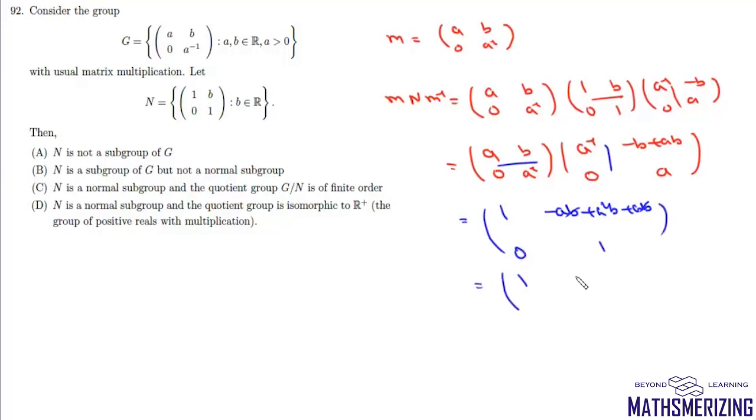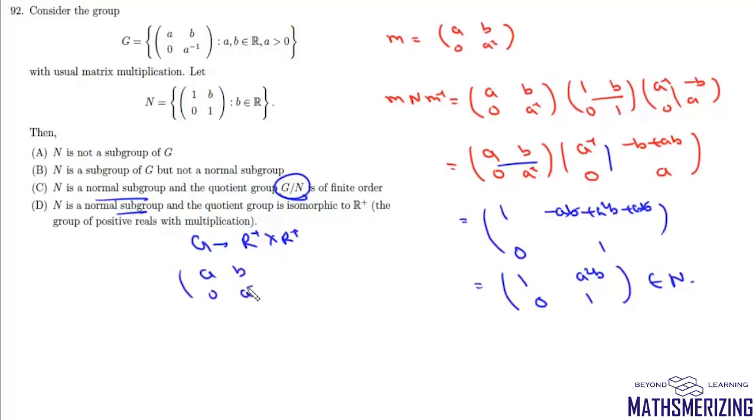So we'll get this as [[1, a^2 b],[0, 1]], which is of the form [[1, b],[0, 1]]. That means it belongs to N. So N is a normal subgroup. Now what about this quotient group G by N? Now we consider this map which is G to R positive cross R positive, which is given by [[a, b],[0, a^-1]] to (a, 1).